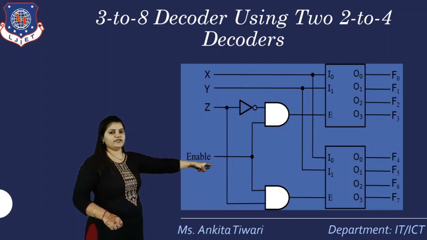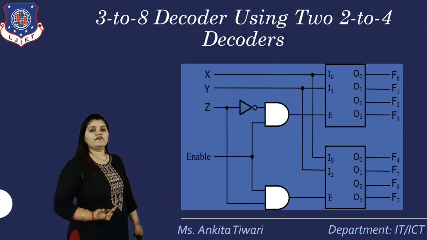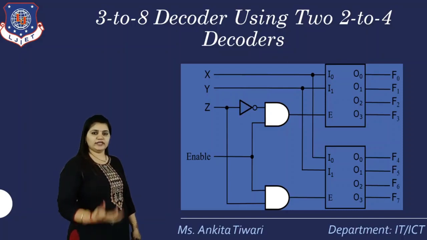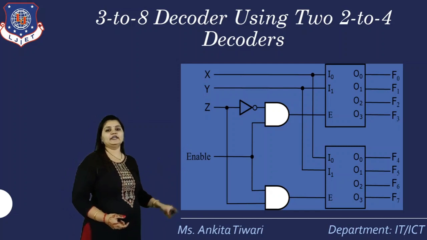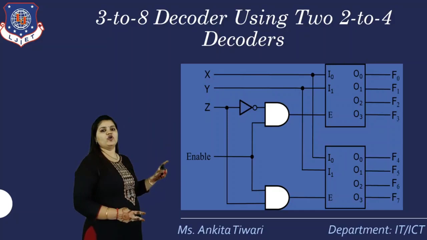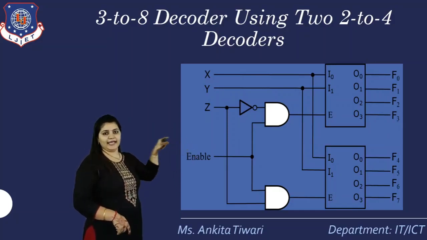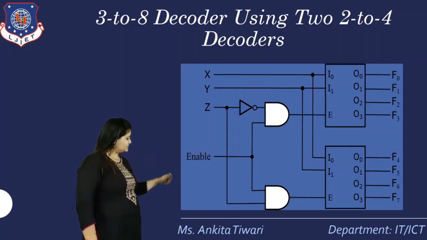As you can see, an enable input is given in both, but for the enable input to be 1, only then will the circuit come. So for that we have taken an AND gate, and in the AND gate the Z value, the third value, is introduced, which will go as a 0 in the first decoder, and in the second decoder it goes as a 1 value.